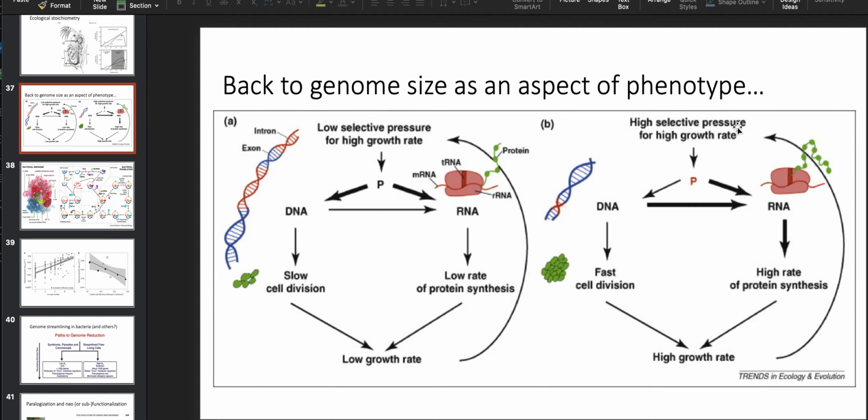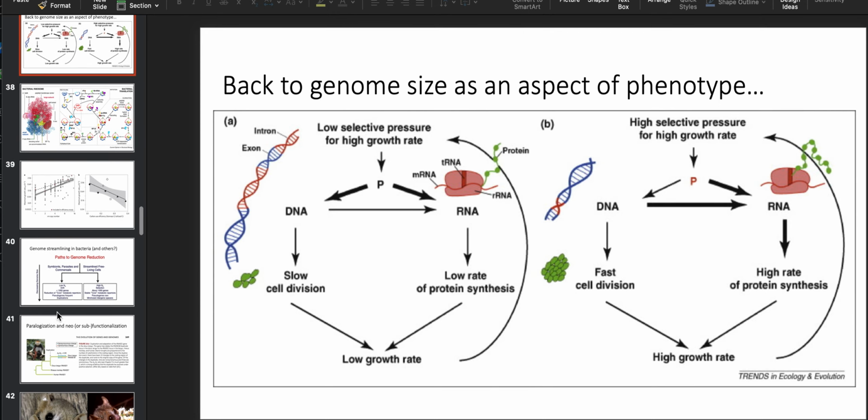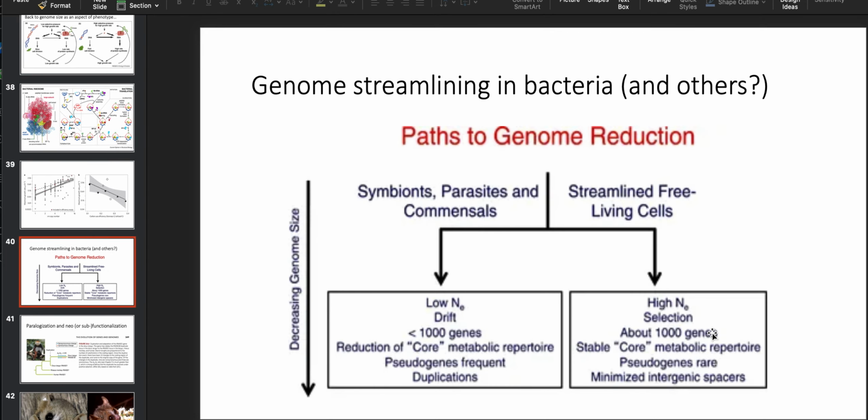So if there's strong selection for high growth rate and phosphorus is really strongly limited, then the only way you can increase your growth rate is by trimming down that genome size. And so this is sometimes observed in planktonic bacteria in oligotrophic conditions where there's not a lot of nutrients in the water or in whatever medium they're growing in.